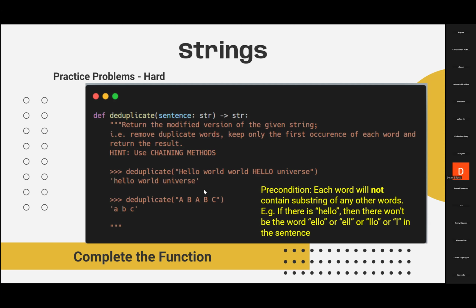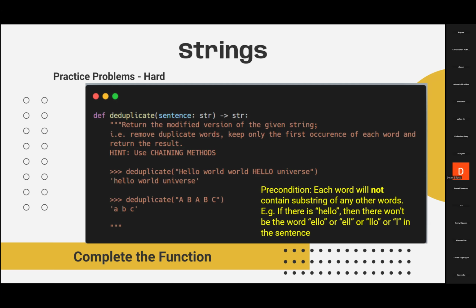So the way to do this is that you have to find a way to somehow make a capital hello and lowercase hello equal. Why don't you just make it all lowercase?